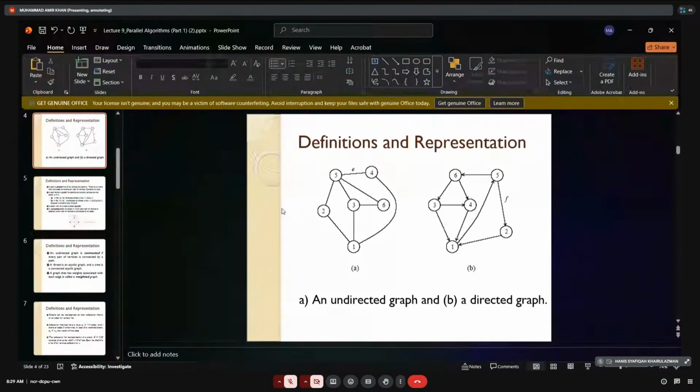You can see here 5, 3, and 6, 5. This is what we call a loop.